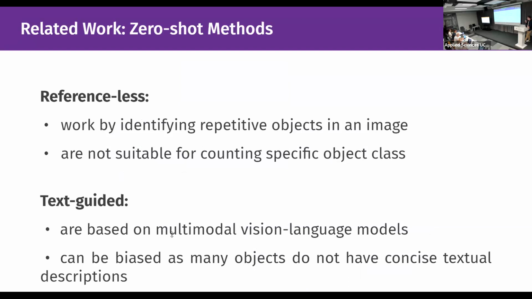Text-guided methods are a promising research direction in zero-shot counting. They are based on vision language models and use text prompts to specify the target object, but using natural language to guide the object counting may introduce some biases, as some objects do not have concise textual descriptions.